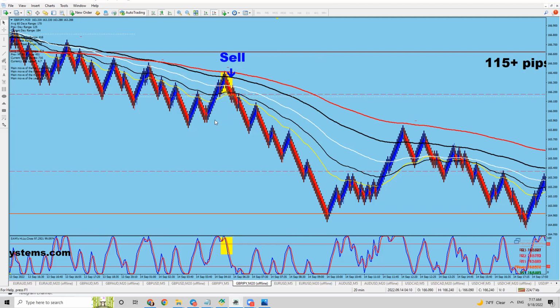So now let's count the daily range pippage from the high of the day, and let's see where the 170 pips finishes. So 170 pips, you can see, read it here, and it is right there, exactly to the pip. Wait, what happened?